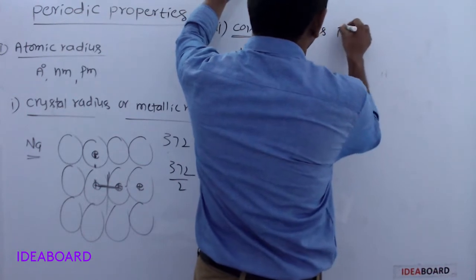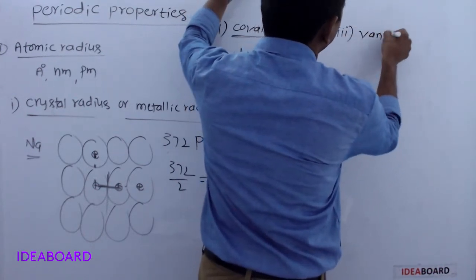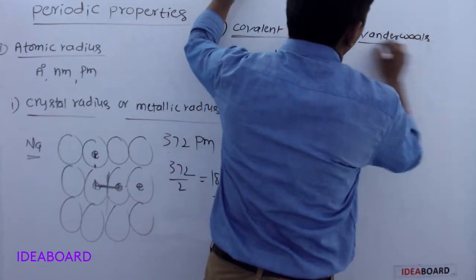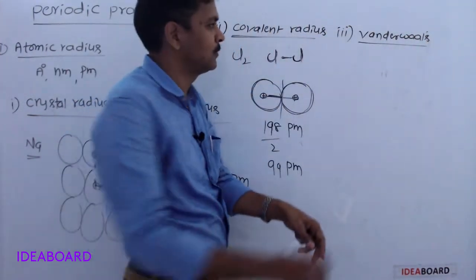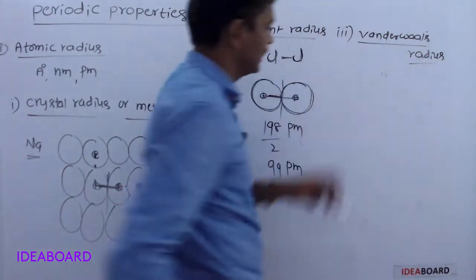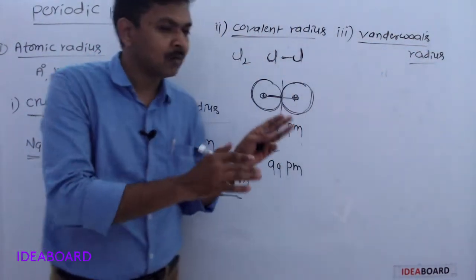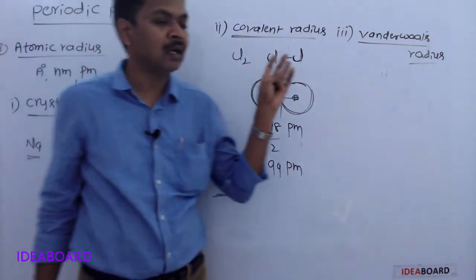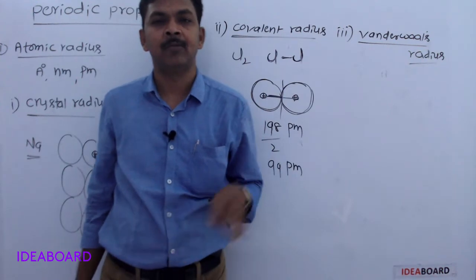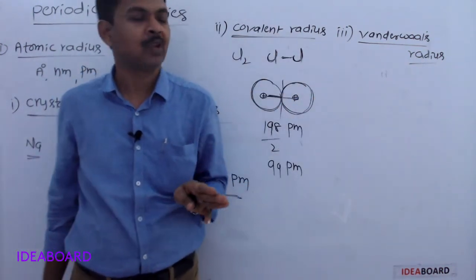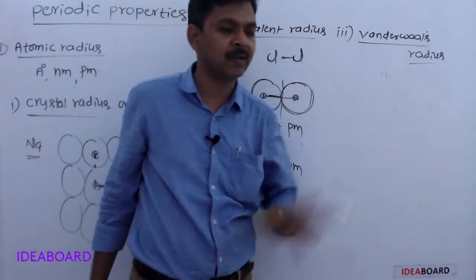Next, the third one, van der Waals radius. Between two chlorine atoms, a covalent bond is present. If we take neutral molecules, between the neutral molecules van der Waals forces of attraction are present.